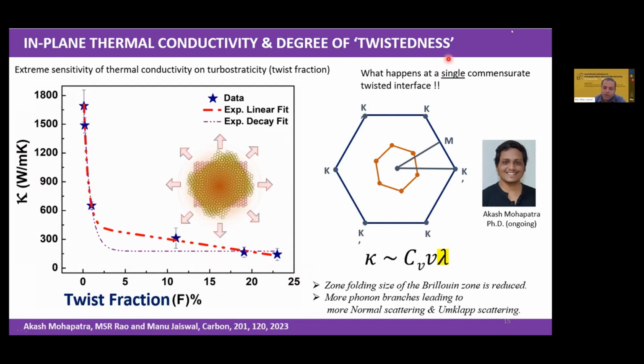It has become very small, and because of zone folding and folded phonon branches, there is a lot of scattering happening. And this is what happens as a result of the twisted interface.